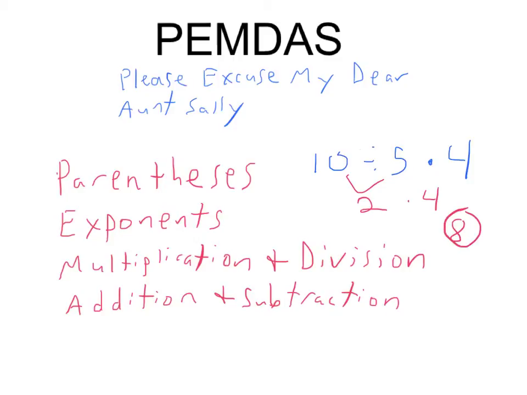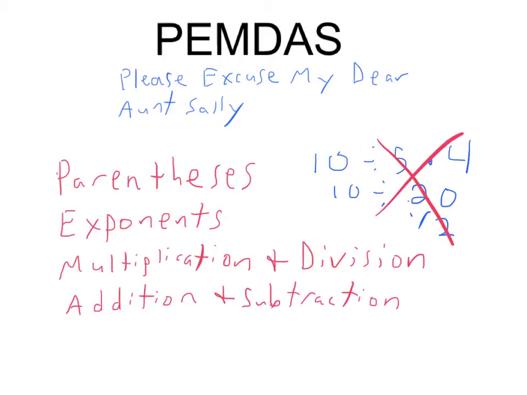It's going to give you a much different answer if you try to take the 5 times 4 first to get the 20, and then you try to take 10 divided by 20 to give you a half. That's the wrong way to do it. Okay? Remember that you need to go left to right when you are on the same level.